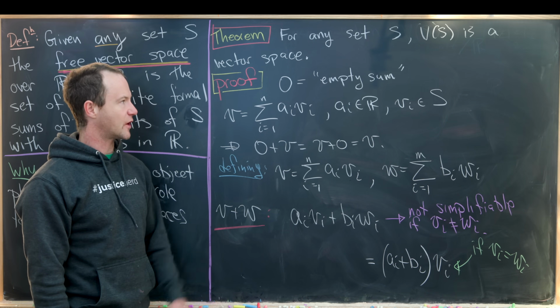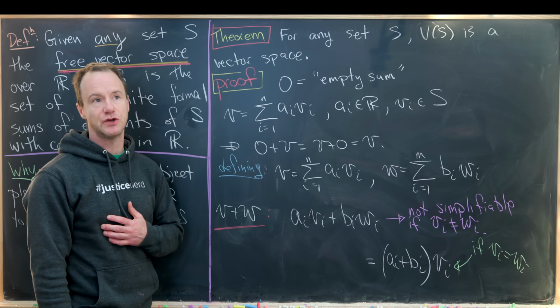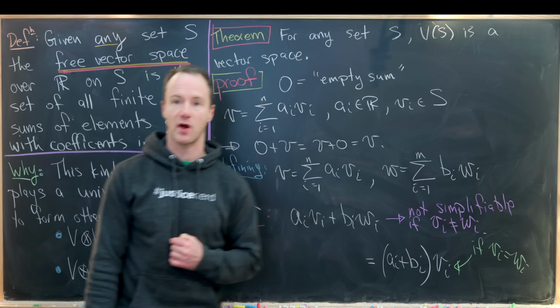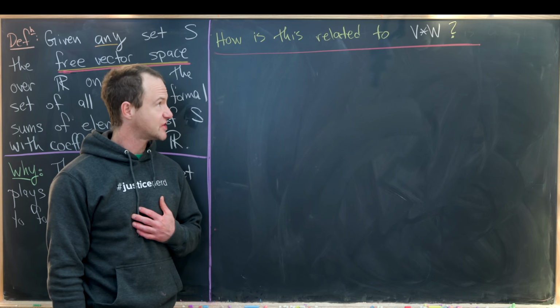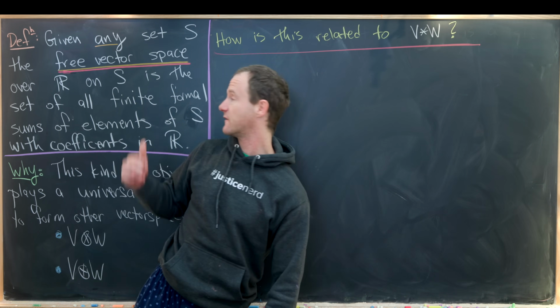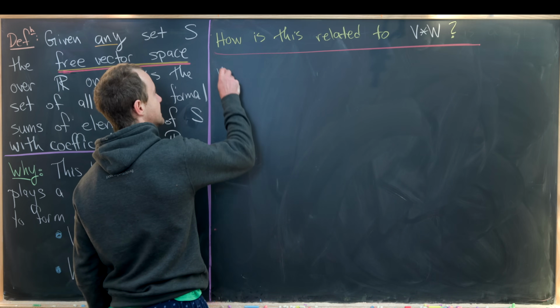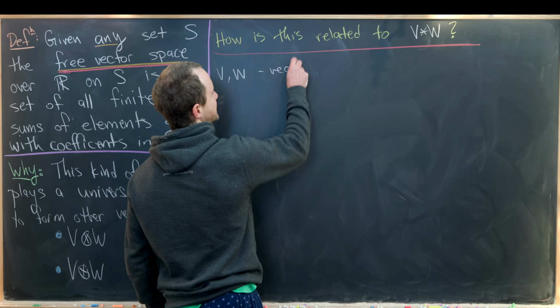Let's finish this off with a quick rundown of how this relates to our formal product, which was used to construct our tensor product of vector spaces. Now we're ready to finish this off with the relationship between the free vector space and V star W, where V and W are both vector spaces.